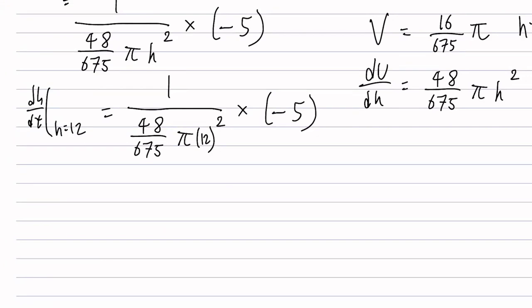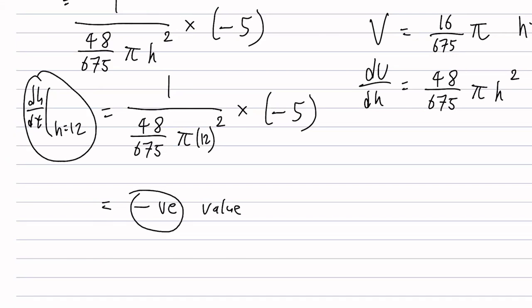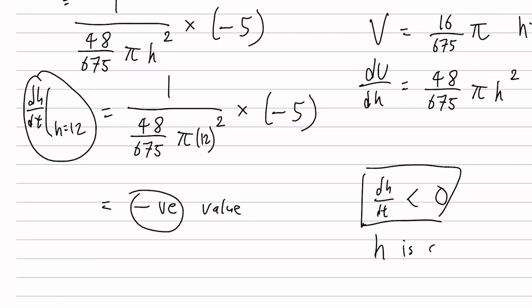So what does it mean when you get a negative value? dh by dt is negative. What does it tell you about h? Negative means less than 0, so h is a decreasing function.